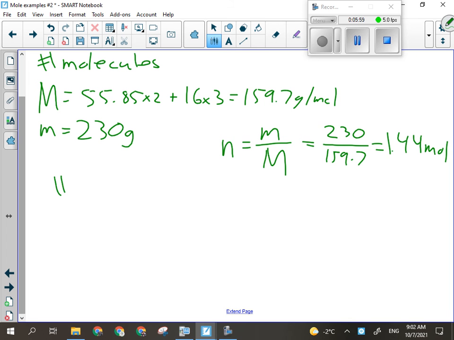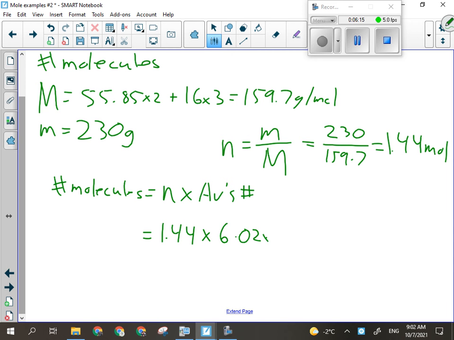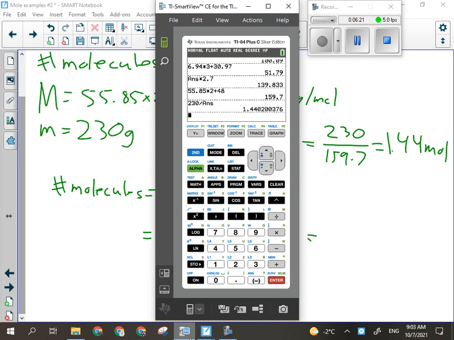So the number of molecules equals n times Avogadro's number, which is 1.44 times 6.02 times 10 to the 23. So taking that number with all the decimals and multiplying it by Avogadro's number, which is in brackets.